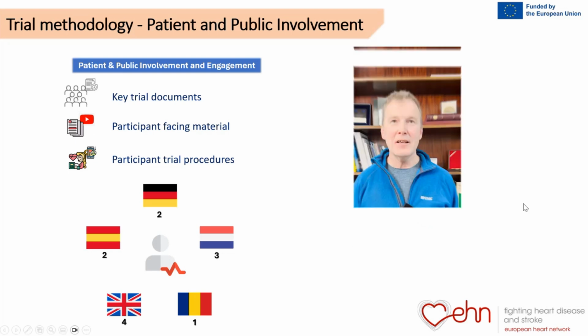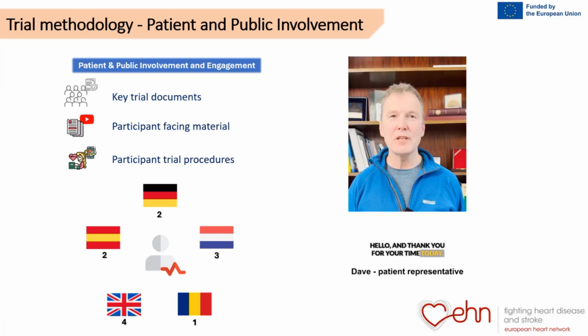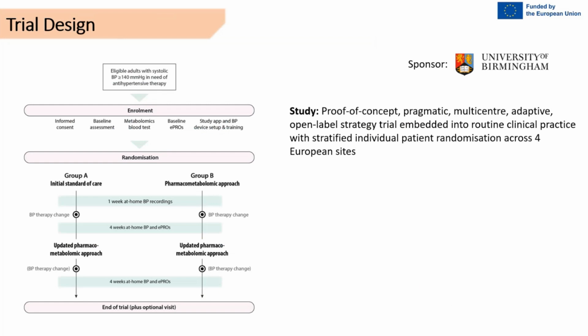Just move my slide across. Oh, it's playing. Good. So the hypermarker trial is the first randomized controlled trial to evaluate this kind of pharmacometabolomic guided approach to aid the choice of blood pressure class selection.